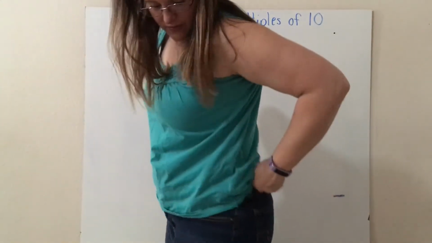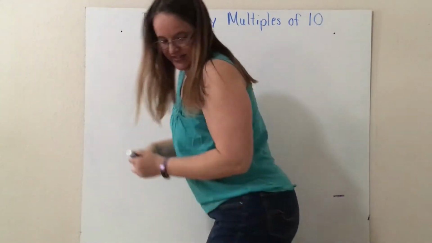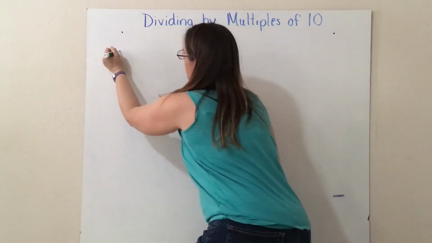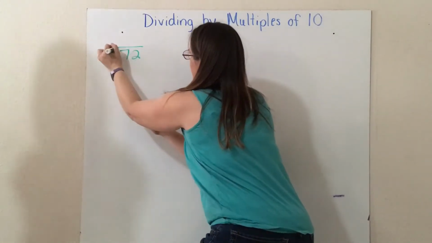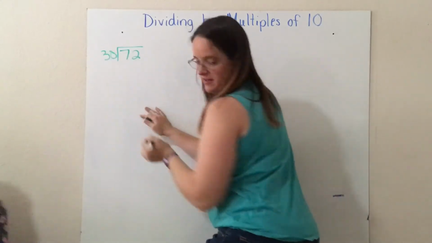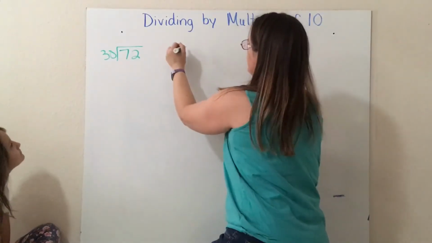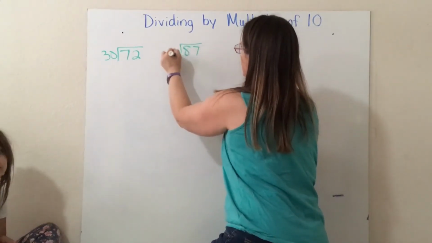Okay, so we have 72 divided by 30. We have 87 divided by 20.